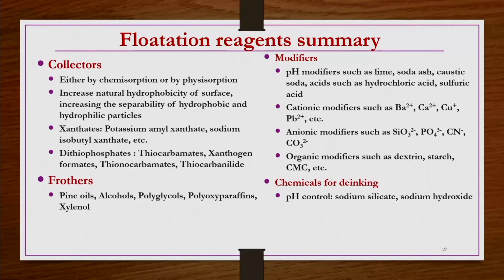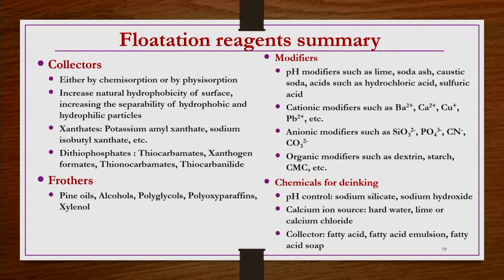In order to control the pH of the system in the de-inking process, you can use sodium silicate, sodium hydroxide, or calcium ion sources like hard water, lime or calcium chloride, etc. If you need collectors for such processes, fatty acids or fatty acid emulsions, fatty acid soap solutions can be used as collectors for this de-inking process using the flotation principles. This is the summary of flotation reagents.